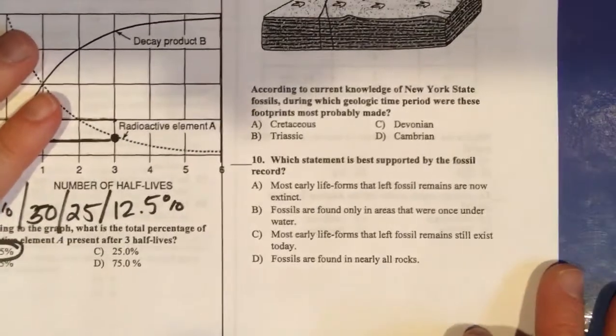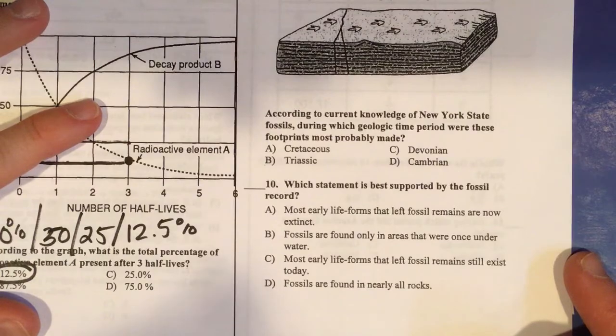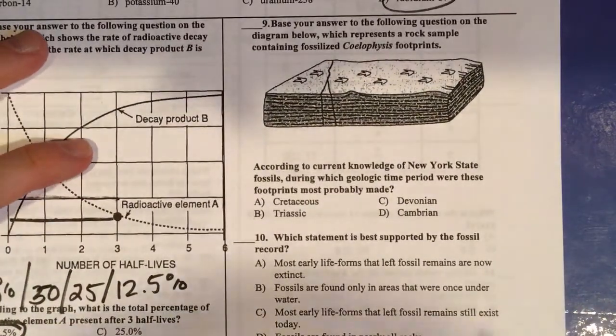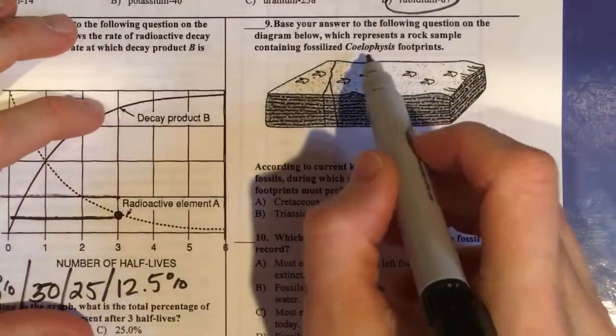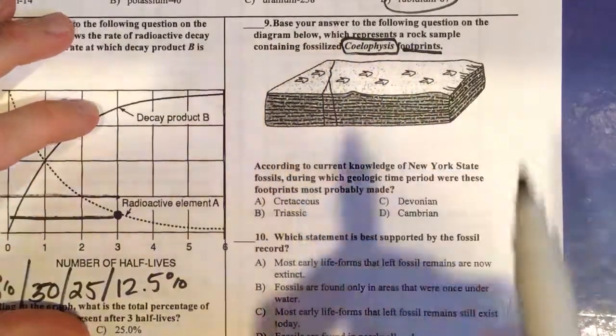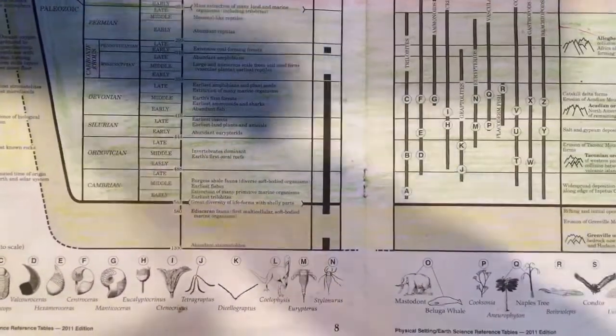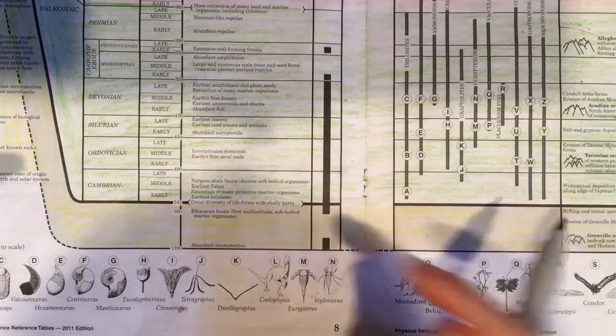Number 9, according to the current knowledge of New York State fossils, during which geologic time period were these footprints made? So this is a picture of coelophysis footprints. Coelophysis is an index fossil. Index fossils are considered index fossils because they only live during one geologic period.